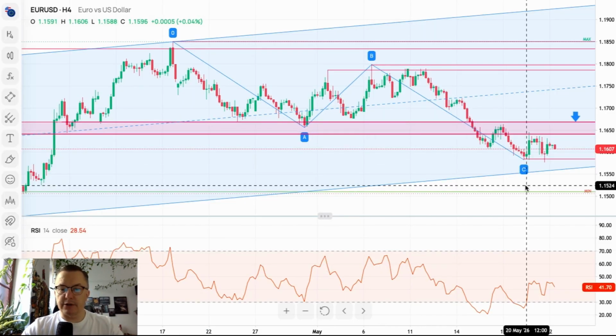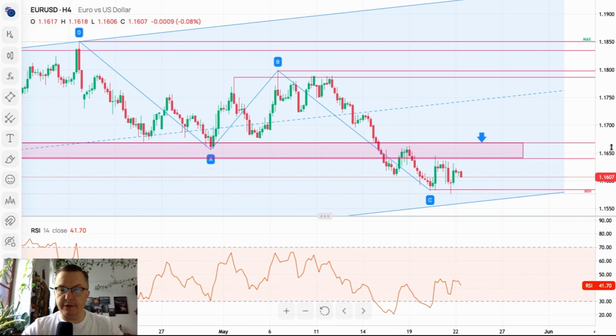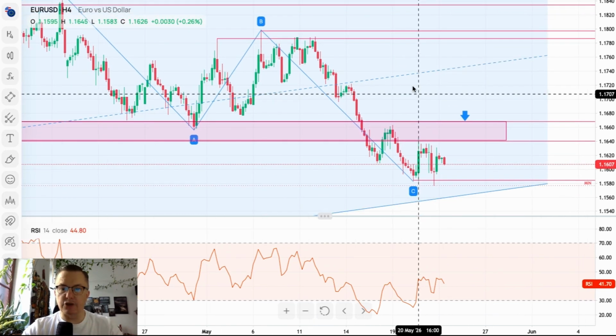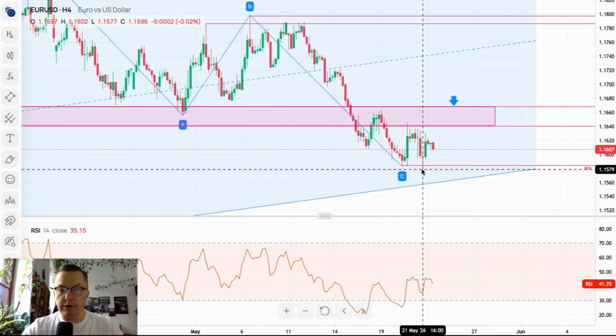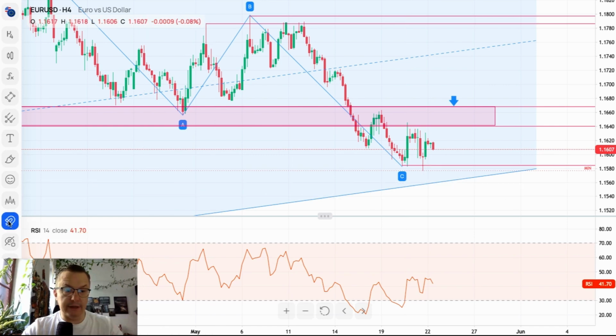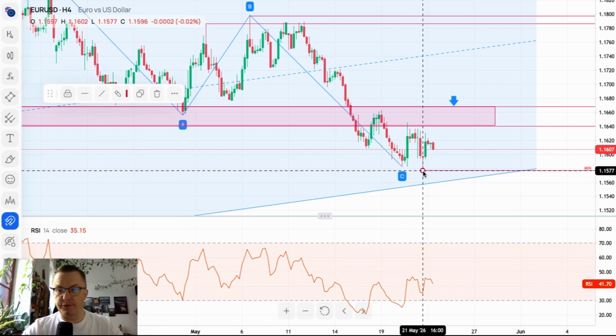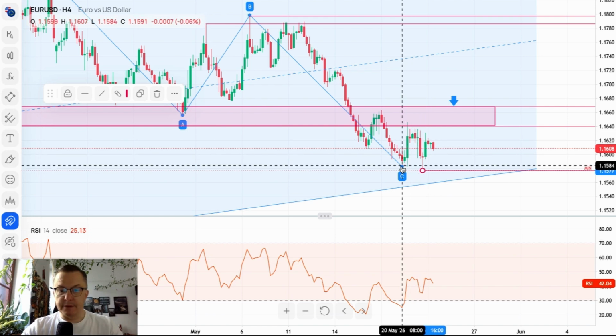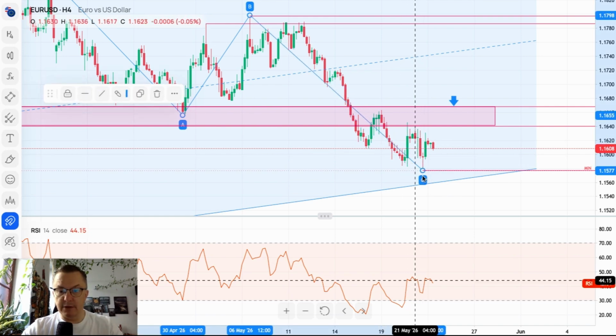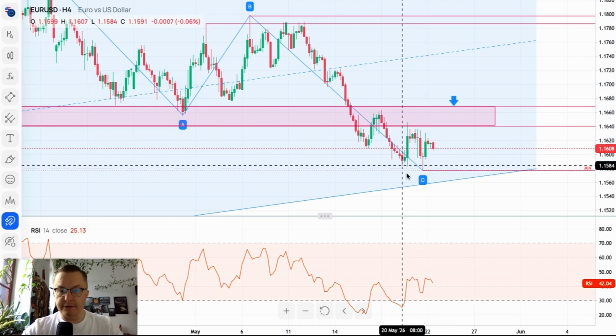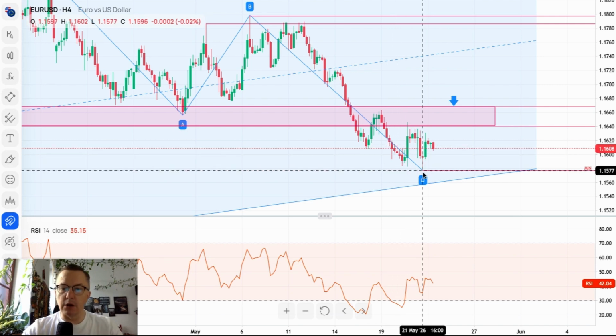The four-hour time frame chart of the euro dollar is showing us a very nice tight range trading. The local low right now is a little bit lower than it was last time, but that's just the liquidity grabbing here, 1.1577. Nevertheless, as you can see, the momentum keeps moving higher even if the market keeps making local lows.